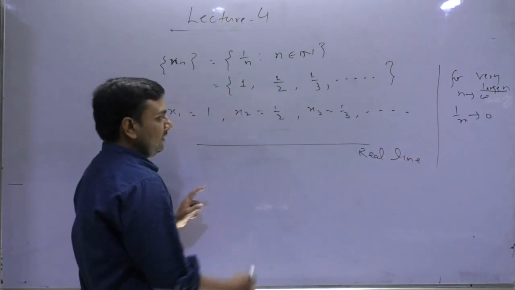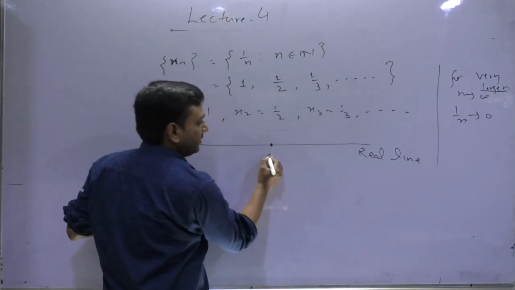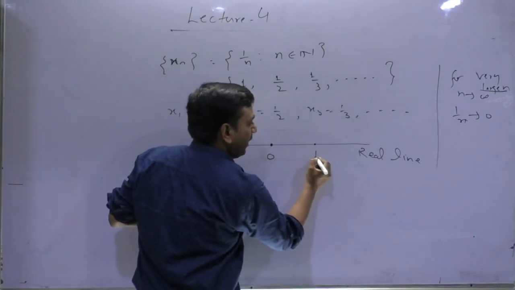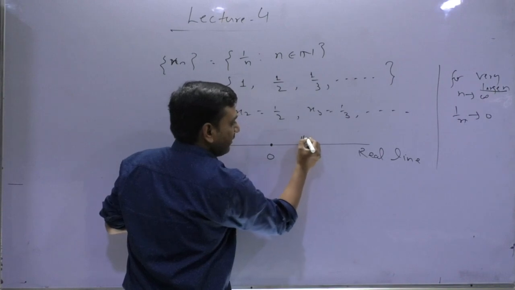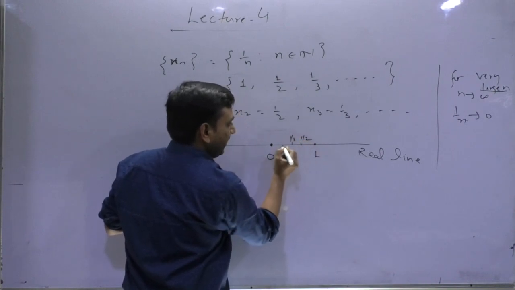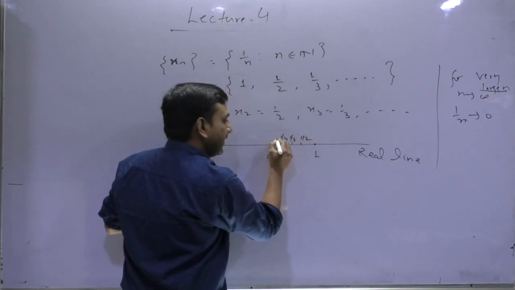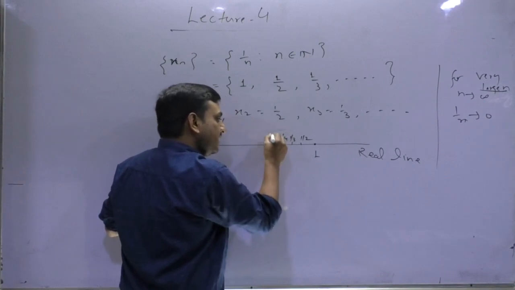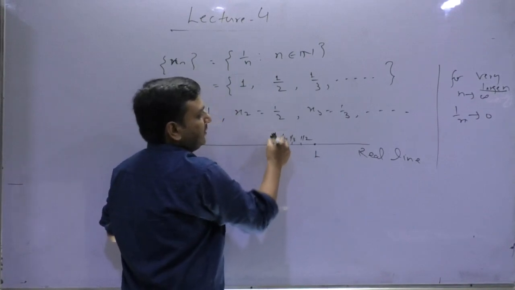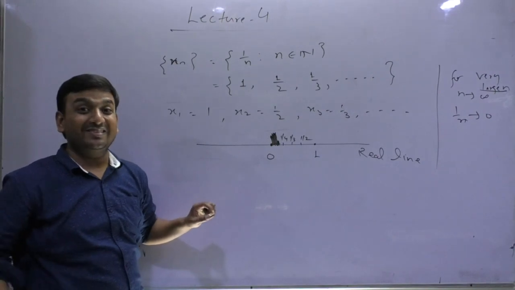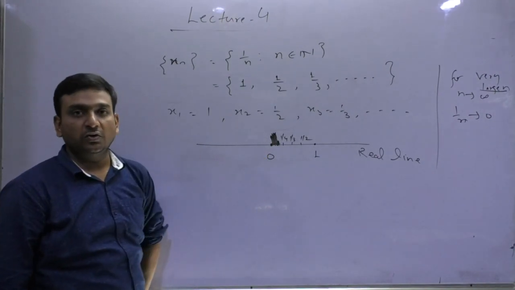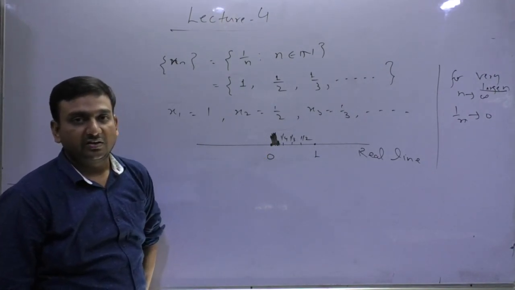Now to cross-check this over the real line. Suppose this is 0, this is 1, so this will be 1 by 2, this will be 1 by 3, 1 by 4, and as n increases, the concentration of terms of the sequence will increase at the point x equals 0. Is that clear?